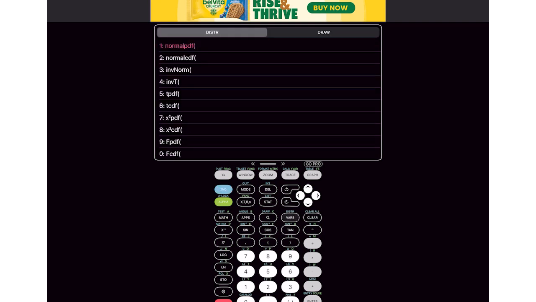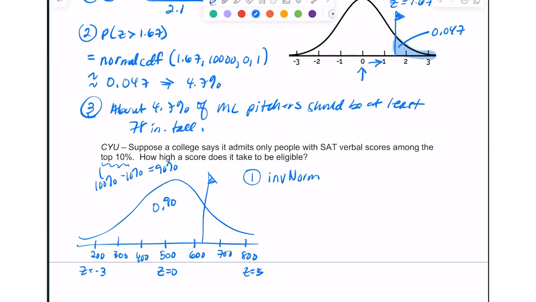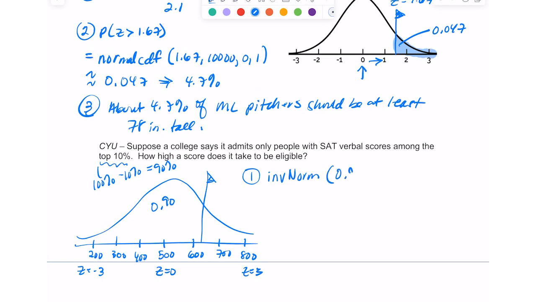Second vars, number 3. So it's 0.9, comma, 0, comma, and then standard deviation is 1. And then hit enter, and you get 1.28. That's your z-score. So it was 0.9, 0, and 1. And we got 1.28. So that's the z-score.